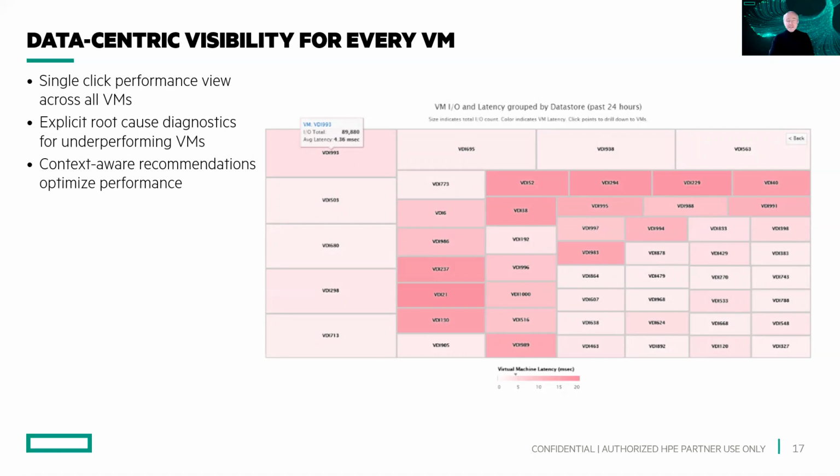This is how it looks. One of the screens that I like is the VM density. This is the density screen for IO and latency. And normally where you're going to look at the big squares, because the big squares or rectangular forms are the abusers, right? Well, not always. The size of the block is indeed the size of the capacity that it's using, but it's the color that defines the latency.